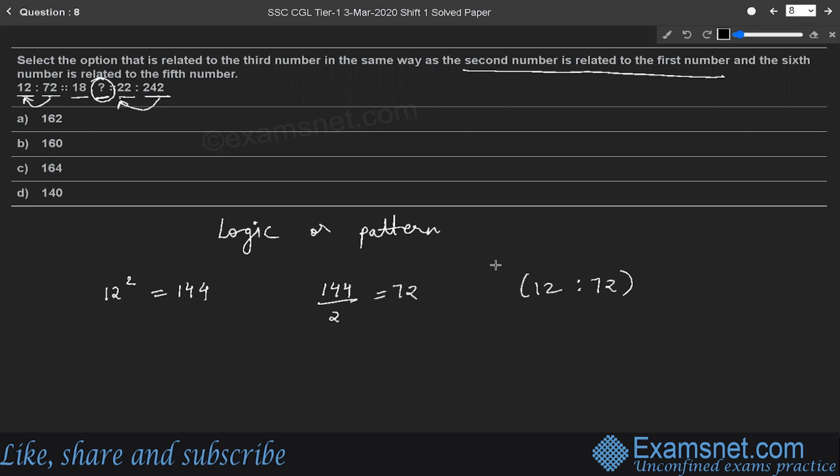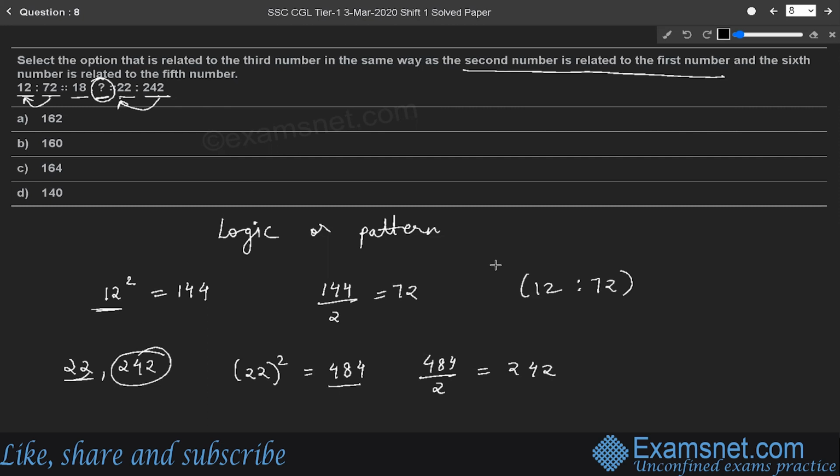Similarly, for the fifth and sixth numbers, which are 22 and 242, applying the same logic here, which is squaring the first number. So 22 square. 22 square is 484. Now dividing this by 2. So 484 divided by 2 gives 242, which is the second number. So this is the logic that we have to use in this question.